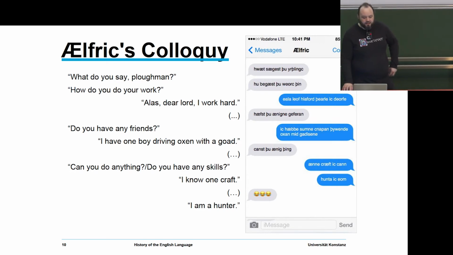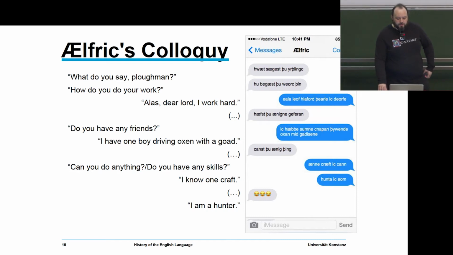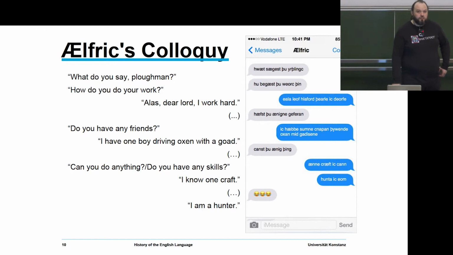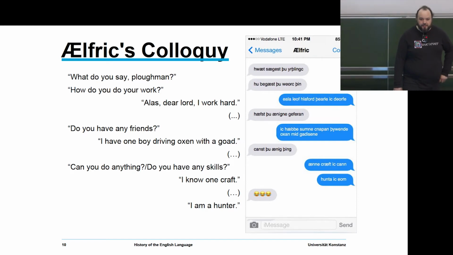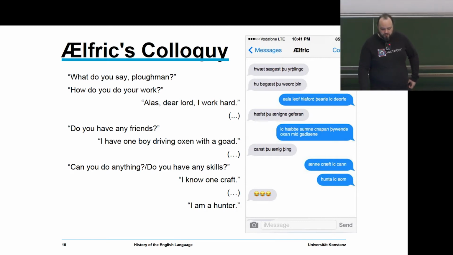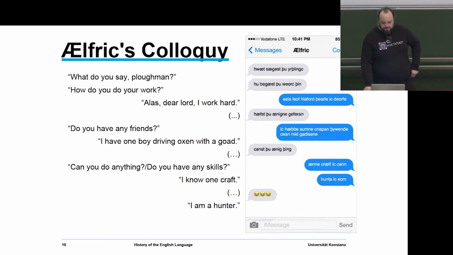And then in the second line as well, hu begæst du weorc þin? How, like, wie begehst du? How do you go about your work? And again, you've got this ST ending for the second person singular.